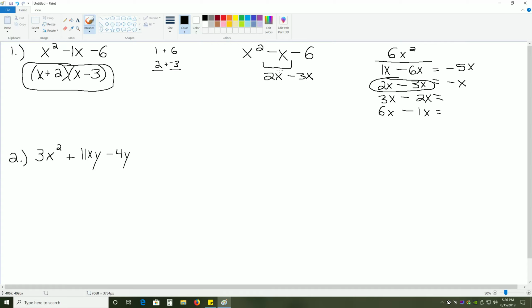So once we know that, we can take this value and plug it into the original problem. So instead of x squared minus x minus 6, we have x squared plus 2x, because that's a positive 2x, minus 3x, minus 6.